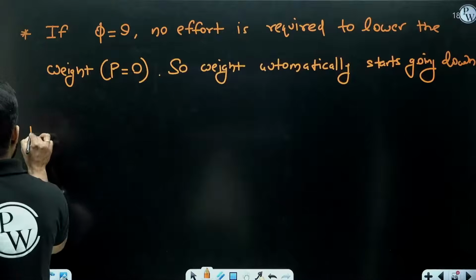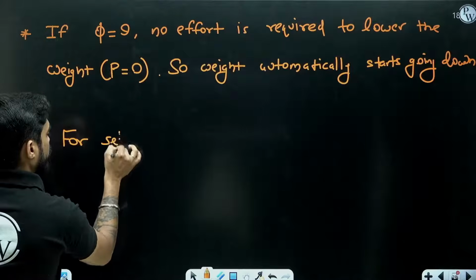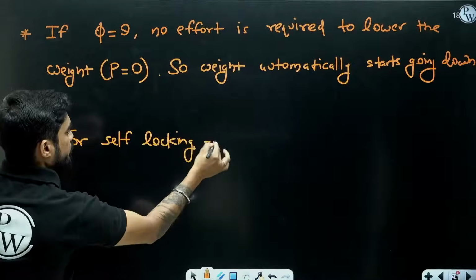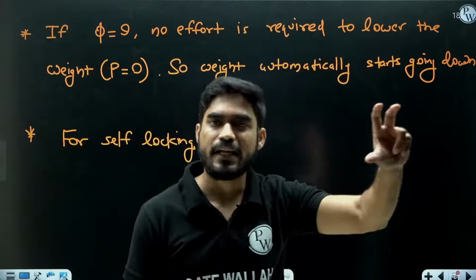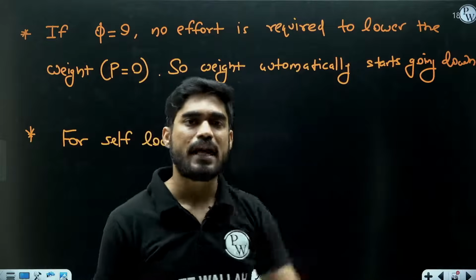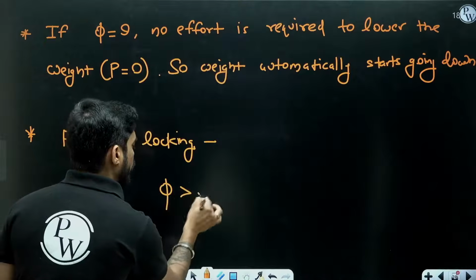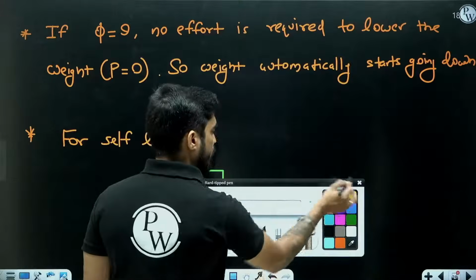We need self-locking. What do we mean by self-locking? Self-locking means it will be locked in that position. If I am not applying any effort, it will be locked in that position. So for self-locking, phi should always be greater than theta. This is a very important concept, okay?